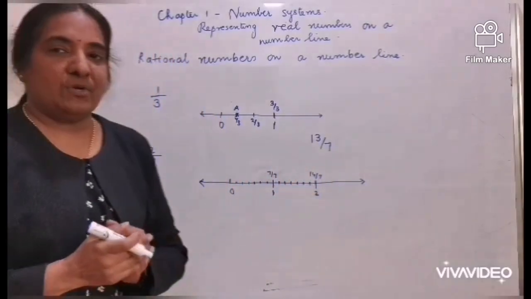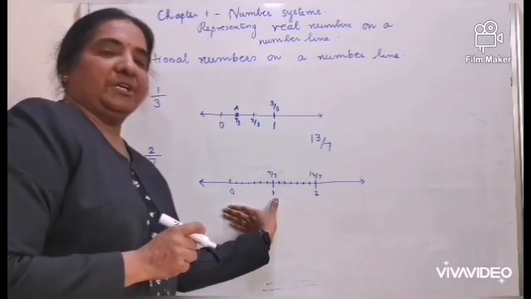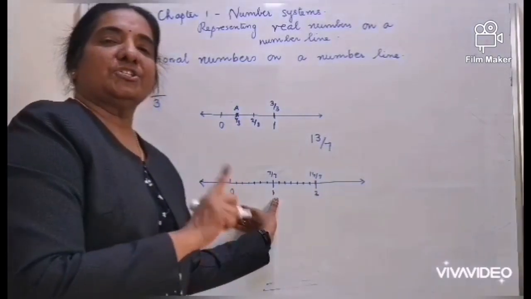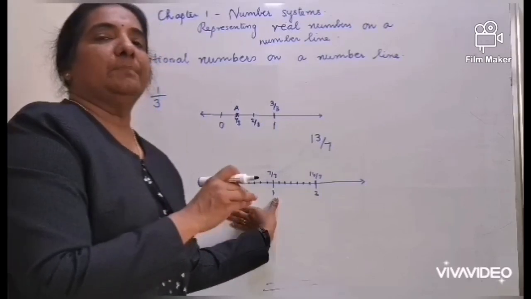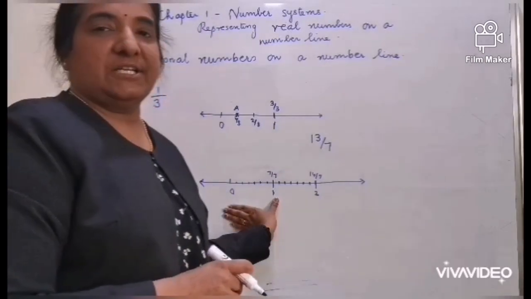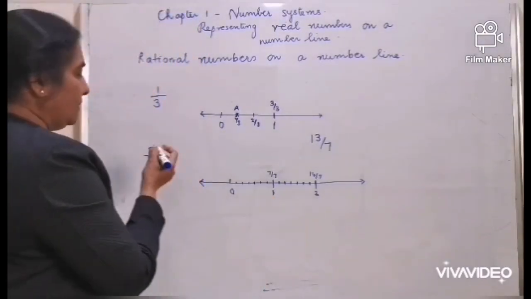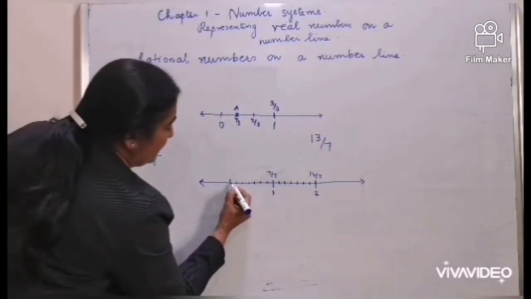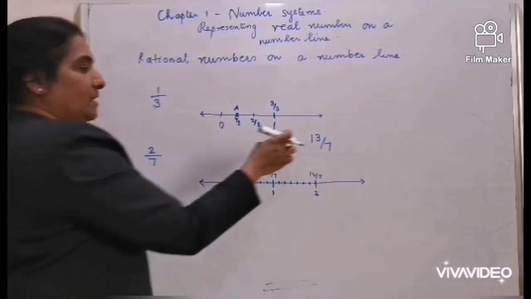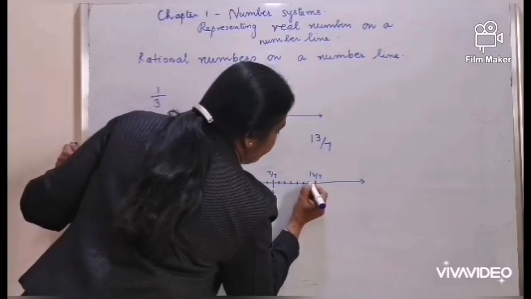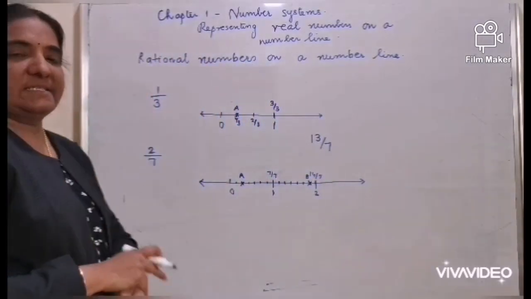In this way, the division of the measure between two consecutive numbers can be made easily, and you can plot the necessary rational number correctly on the number line. To plot 2 by 7, the point A represents 2 by 7, and to plot 13 by 7, the point B represents 13 by 7.